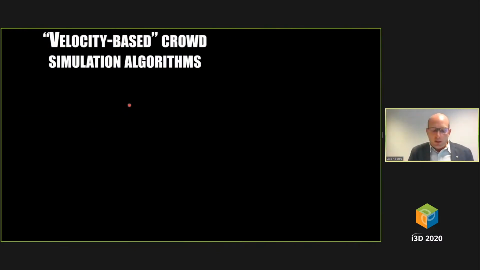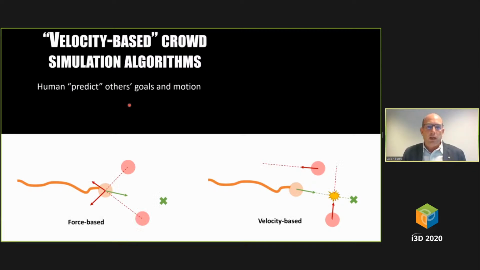We contributed to this crowd simulation technique ourselves, by introducing the notion of a velocity-based crowd simulation algorithm. Let me very briefly explain what it is about. When we started with this, more than 10 years ago now, force-based simulation techniques were really preeminent.